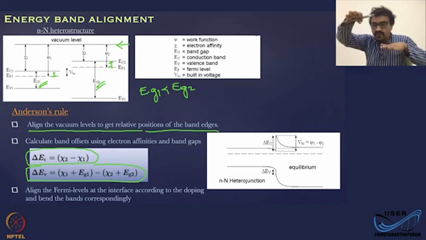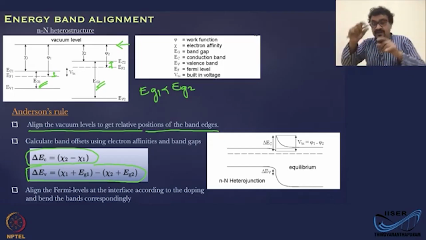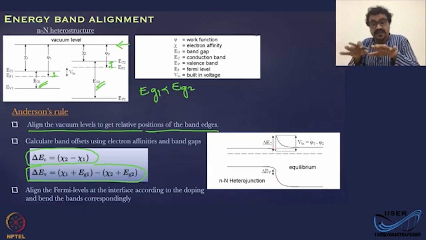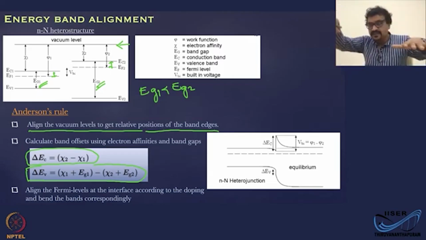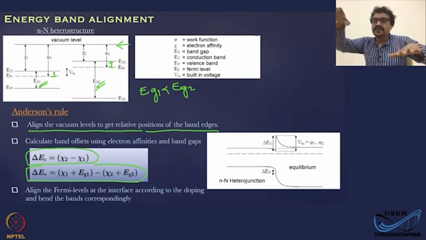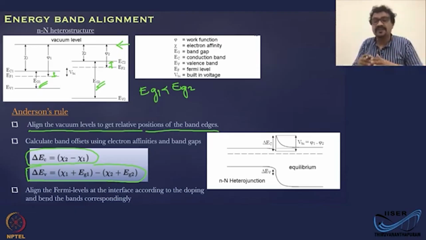Now you lowered it, but you have to keep that discontinuity at the band edge, both the conduction band and valence band, that needs to be preserved there. Then you shift the rest of the bands so that the Fermi level is continuous.